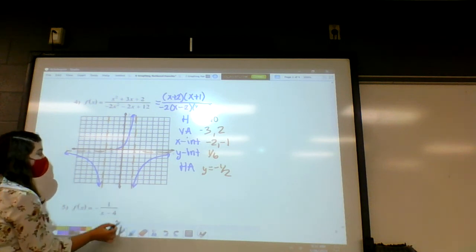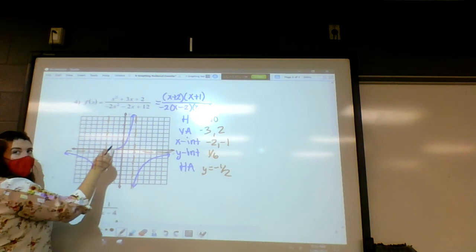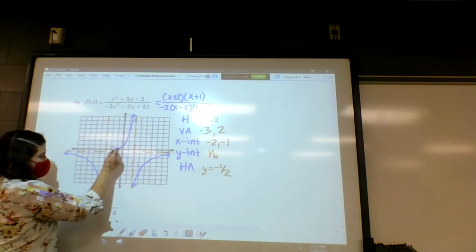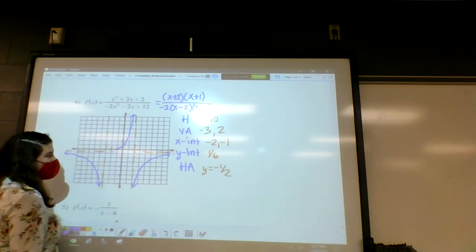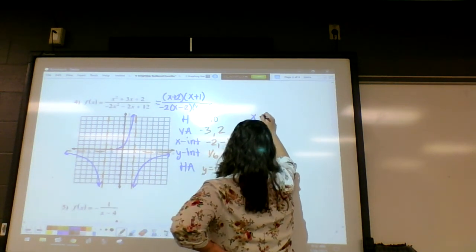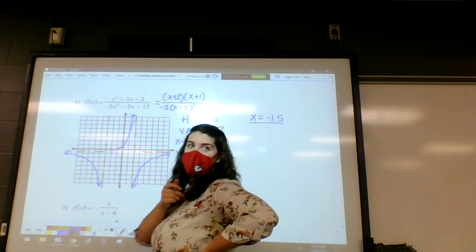In terms of the rest of it, do we know here between these x-intercepts if it goes up or down between them? Does it curve across the top or across the bottom? We don't know. So what do we have to do? You have to pick a number in between. Negative 1.5? Yeah. All right, you all decide positive or negative.